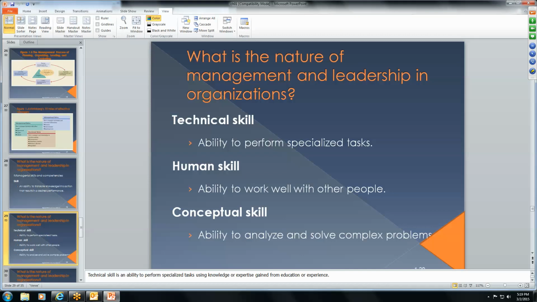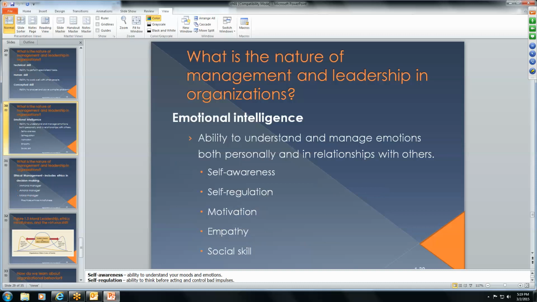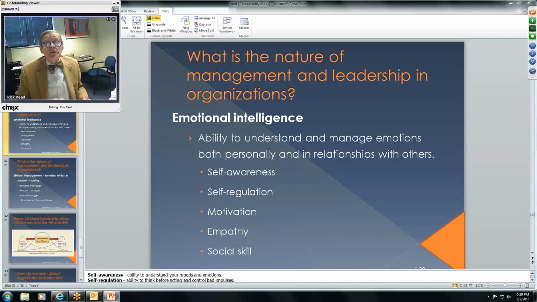Emotional intelligence, again, is something we're going to speak about a little bit later in greater depth in the course. Emotional intelligence really is encapsulated in what you see here. Aware of self, being able to regulate, being motivated.